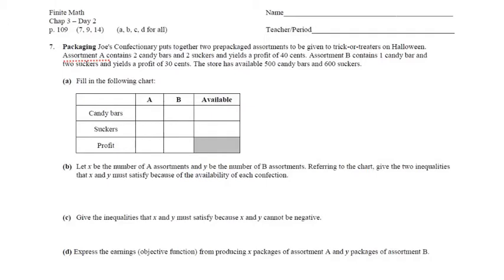So that's probably important information. 2 candy bars and 2 suckers for assortment A. Assortment B contains 1 candy bar and 2 suckers and yields a profit of 30 cents. The store has available 500 candy bars and 600 suckers. That's going to be important too, I'd imagine.